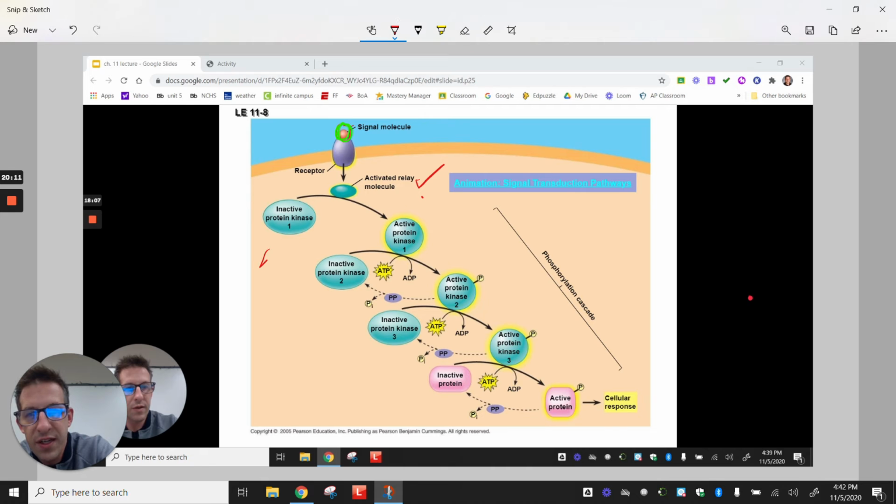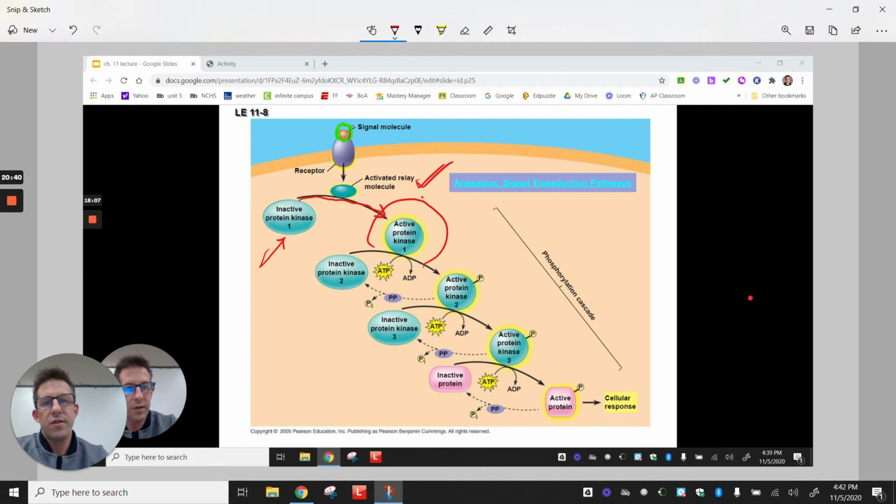We want to activate this molecule right here. It says inactive protein kinase 1, and we want to make it active. All we have to do is bring it in close proximity to this other molecule right here that is already activated. And what we see happening is that it has been activated. I'm going to circle it right here. Protein kinase 1 has been activated.